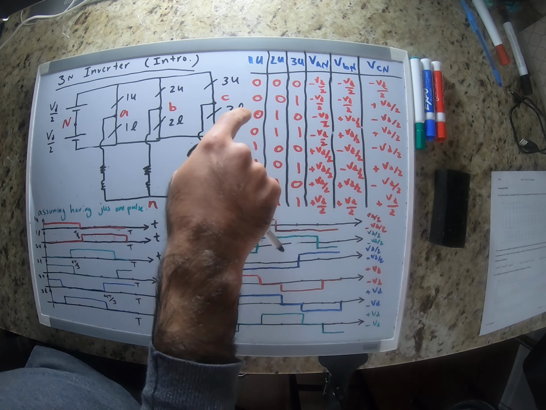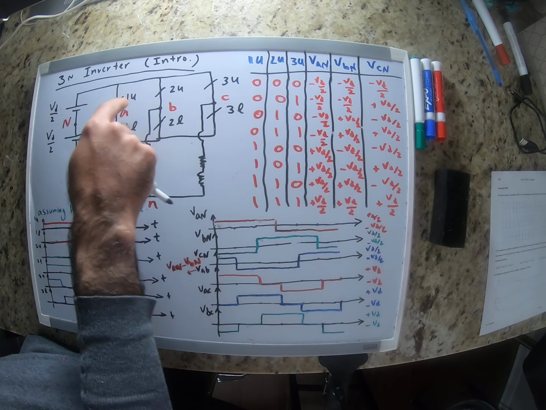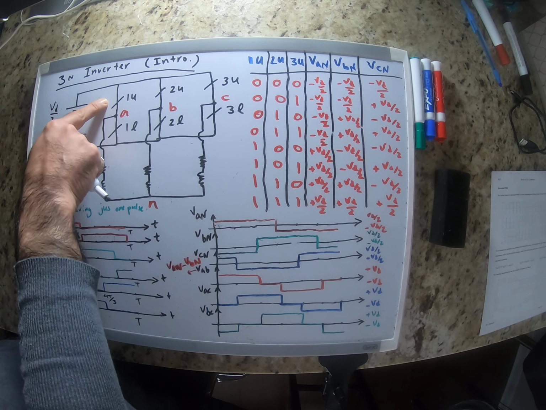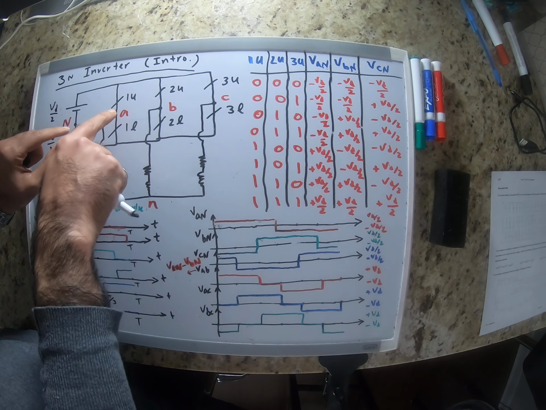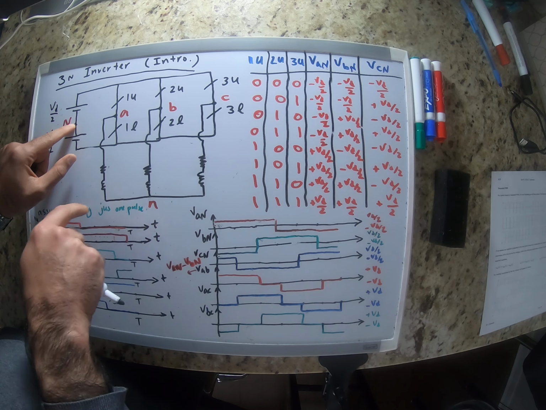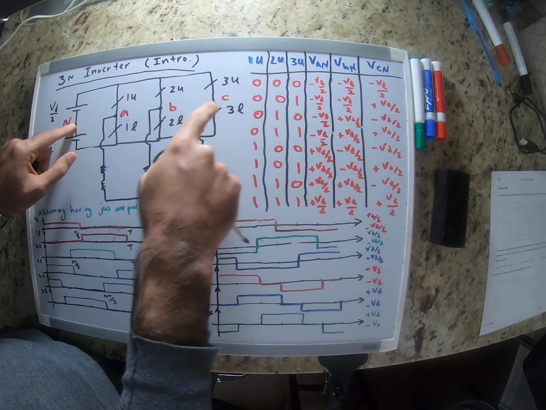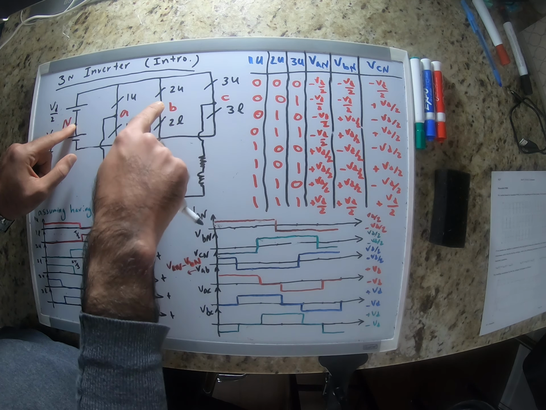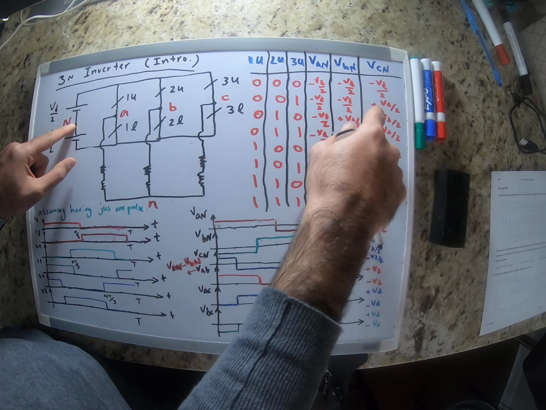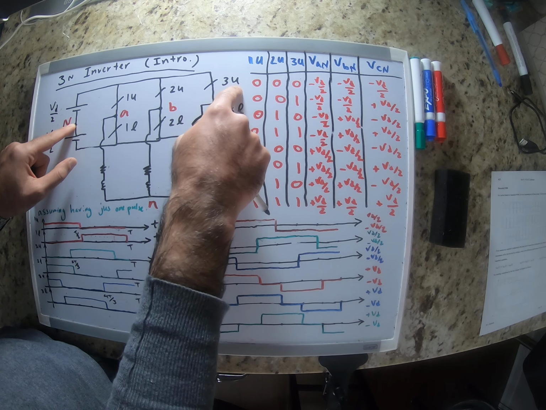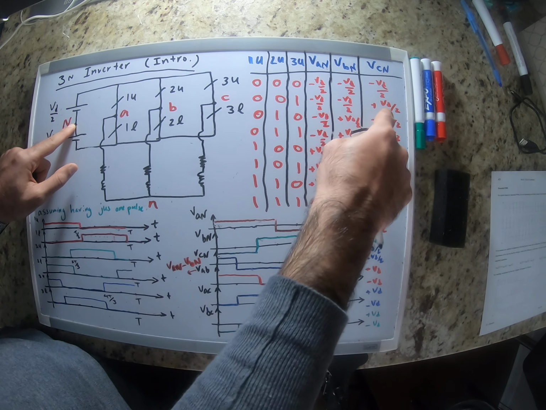In the next one, I'll just do maybe 2 or 3 of them. We have one upper off, so it means that the lower one would be on. Again, voltage of phase A with respect to this point is going to be negative VD over 2. Voltage of phase B, because again the lower switch is on, is going to be negative VD over 2, and voltage of phase C, in this case because the upper switch is on, is going to be equal to positive VD over 2.